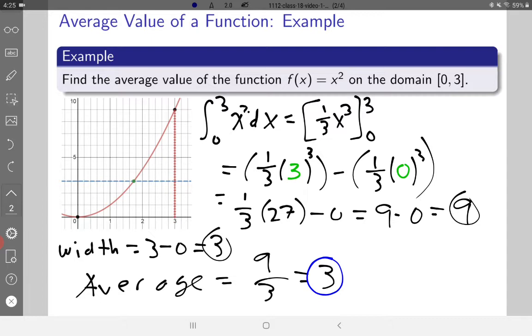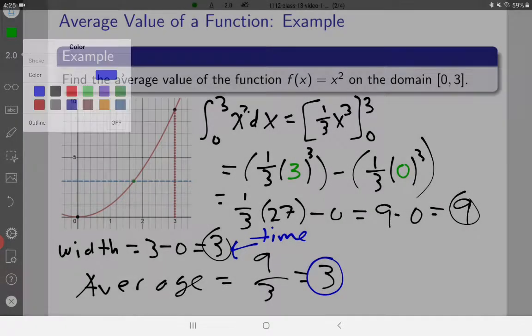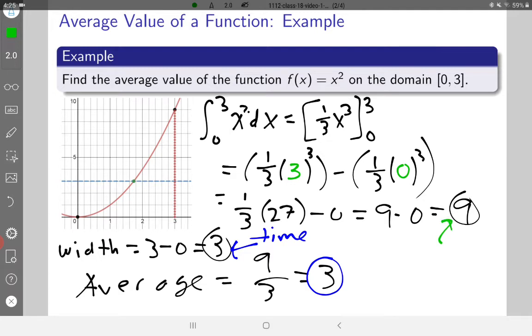Think of the 3, the width, as time, and think of the 9, the area under the function, as the displacement. And so this is saying that my average speed over that time was 3 miles per hour.